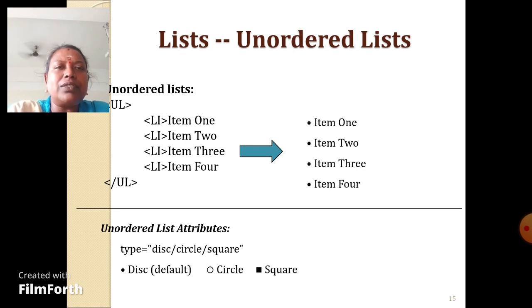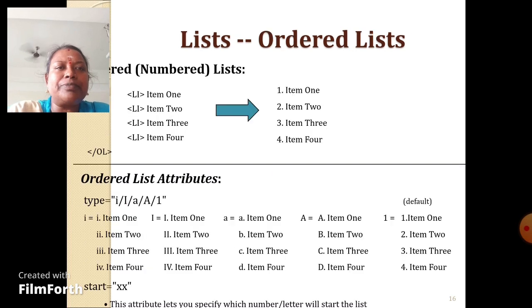Between the unordered list tags, you identify the list items, declared one by one. There are various designs of the unordered list using disc, circle and square, so specify the type equal to disc, circle or square for an unordered list.